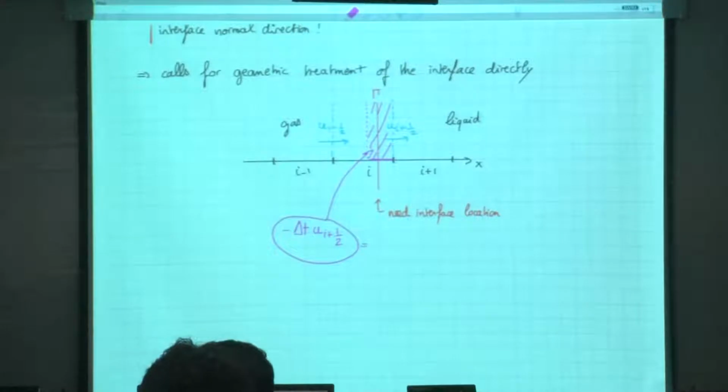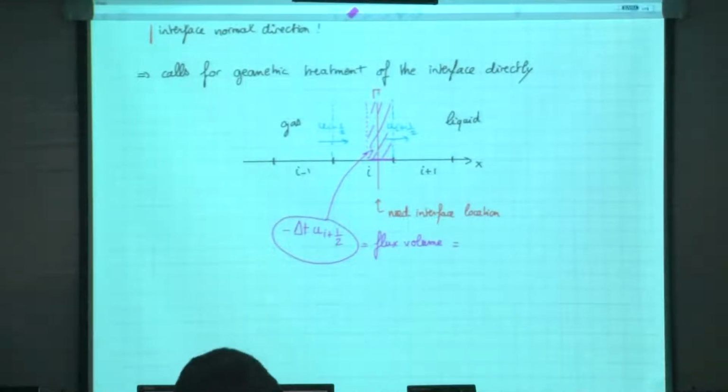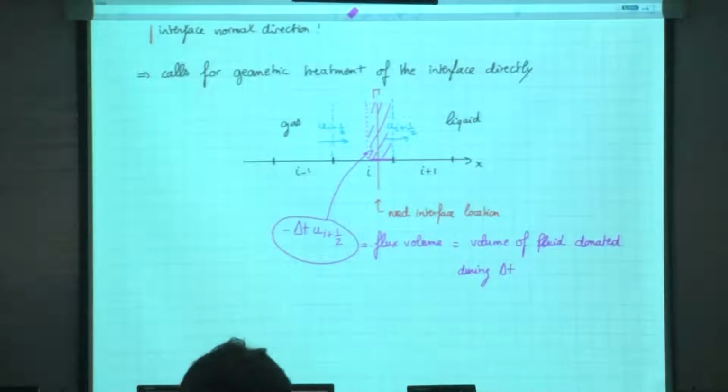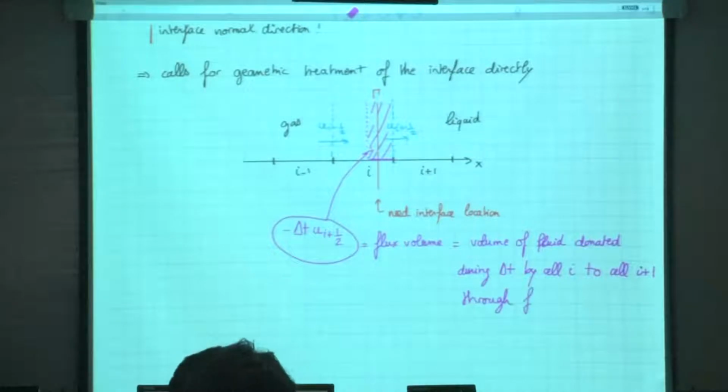This is what we're going to refer to as a flux volume. Or equivalently, this is the volume of fluid donated during delta t by cell I to cell I+1 through face i+1/2.